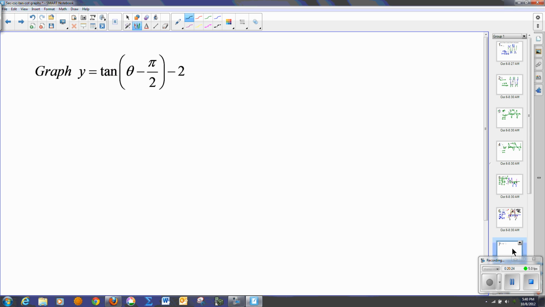So now we're going to graph tangent. And this is going to have a vertical translation and a phase shift. My phase shift is pi/2. It's to the right. A vertical translation is 2 going down.